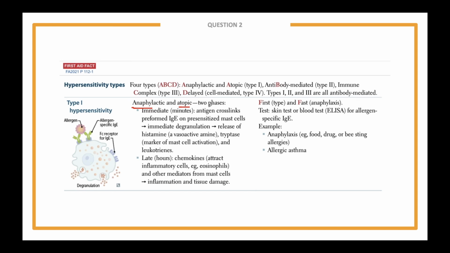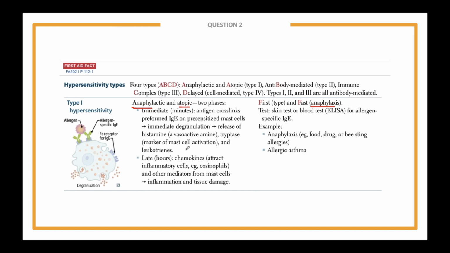So food, drug, bee sting allergies. That would be, of the answer choices that they gave to us, the one that would best fit with a type 1 would be a shellfish allergy, okay? So a shellfish allergy would also be considered an allergy to food, which could lead to anaphylaxis, and that, as you can see there, is also a type 1 hypersensitivity, okay?